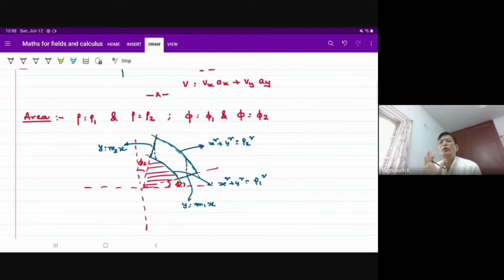Don't attempt to do that problem in the Cartesian coordinate system. In the circular coordinate system, I will consider ds as rho d rho d phi.